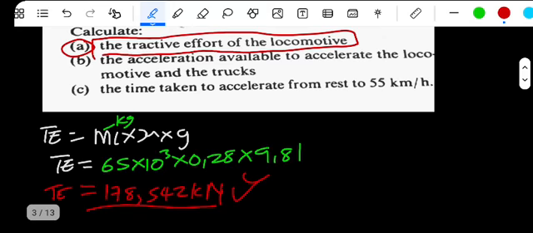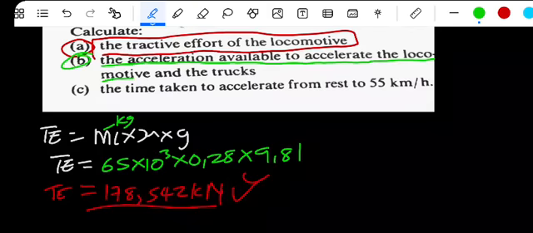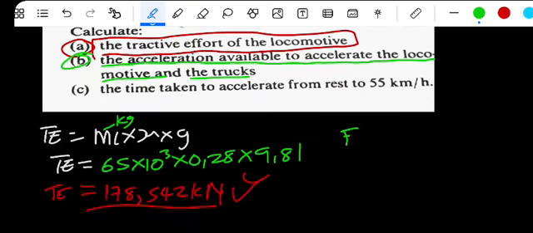Anyways, let's check B. It says the acceleration available to accelerate the locomotive and the trucks. We'll get that from FA.